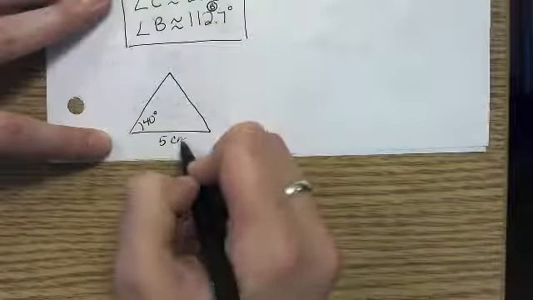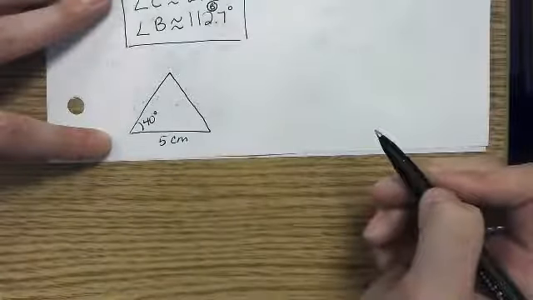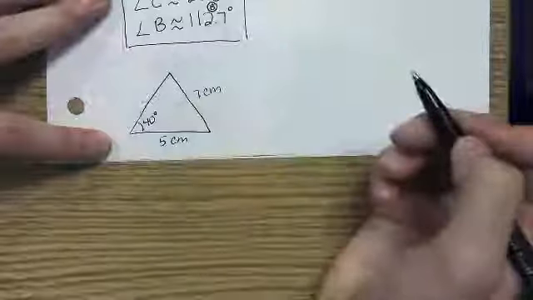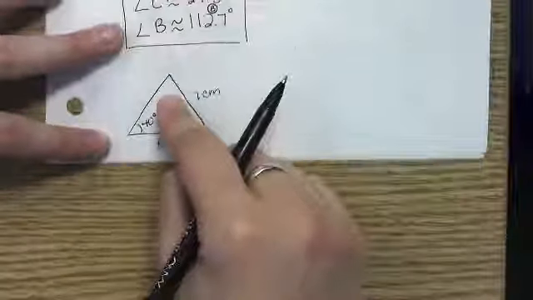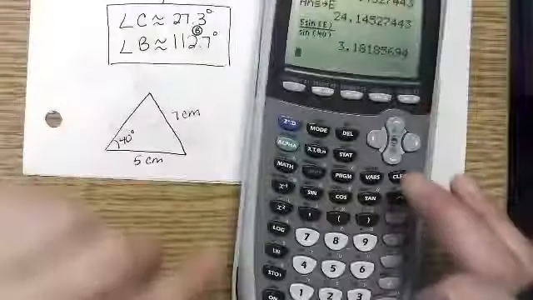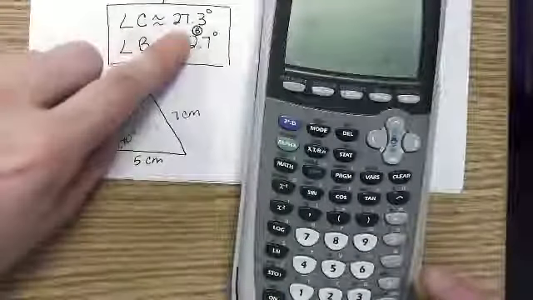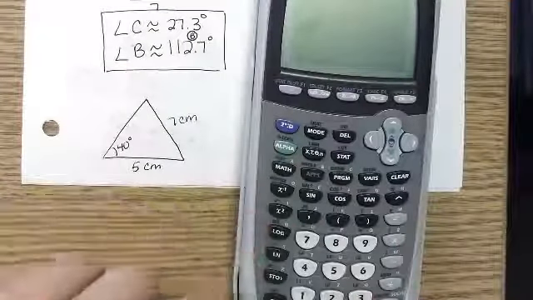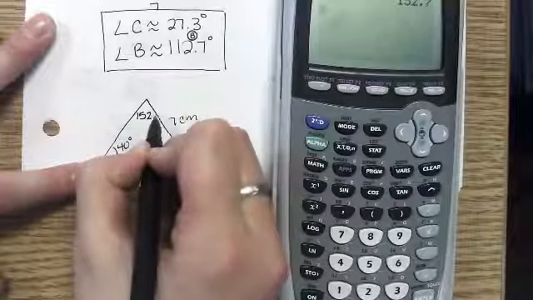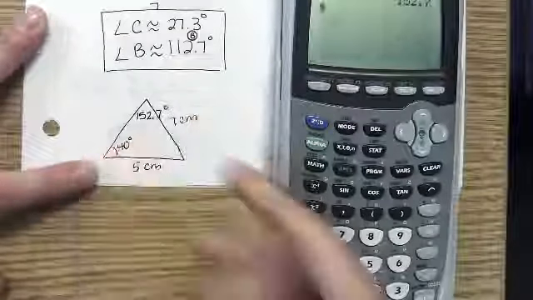It would still have 5 centimeters right there, and 7 centimeters on this side. And then if we're looking for our angle C for our second triangle, we would do 180 minus angle C from the first triangle, and we would get 152. So we would say this angle C is 152.7.